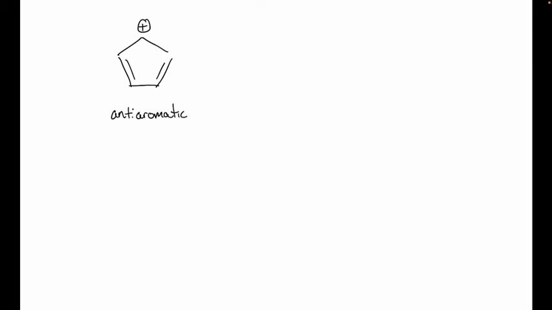All right, but what if instead of a positive charge, we had a negative charge on that carbon? Again, the positive charge, we call those carbocations. Anybody guess what we would call a carbon with a negative charge? Yeah, carbanion.